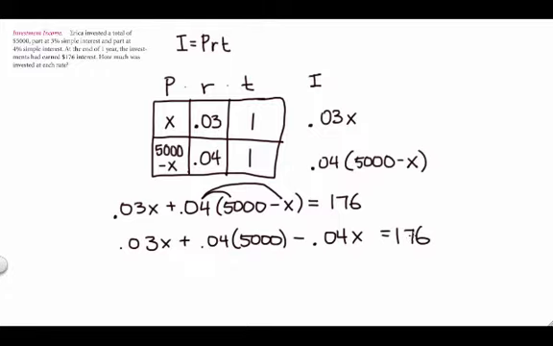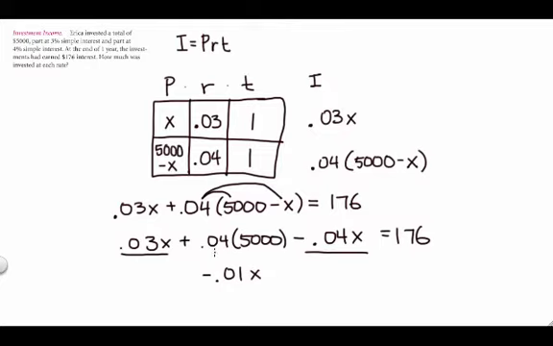And now what we're going to do is combine all the like terms. So here we have 0.03 minus 0.04. Okay, so we can combine those and we get negative 0.01x on this side. And we can carry out 0.04 times 5,000.